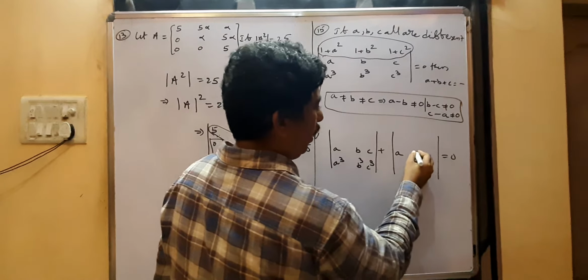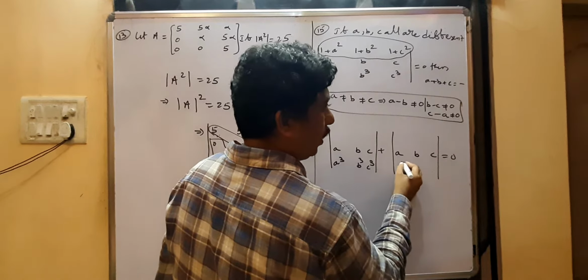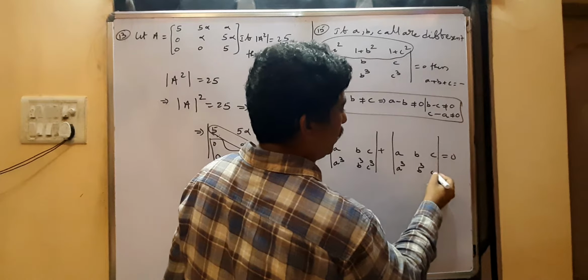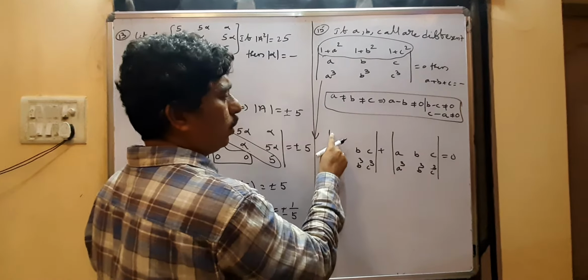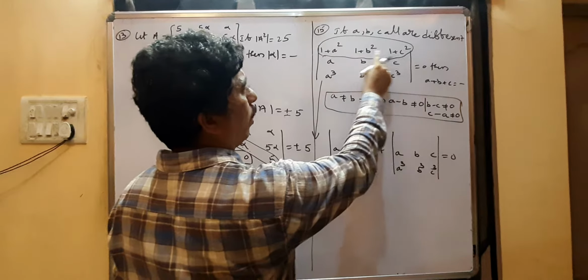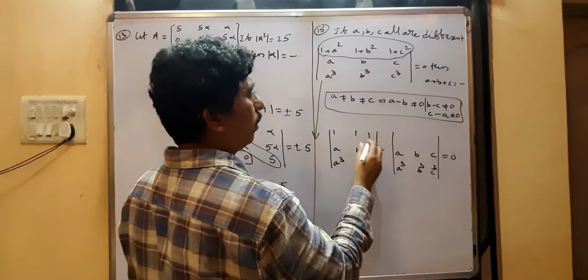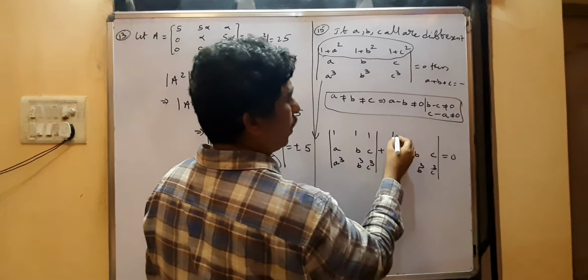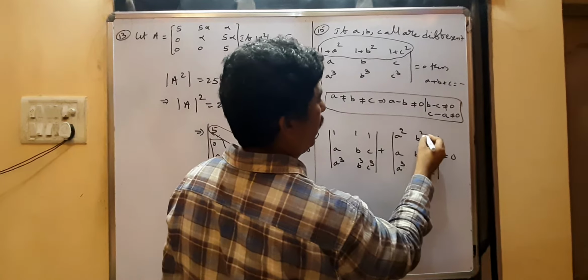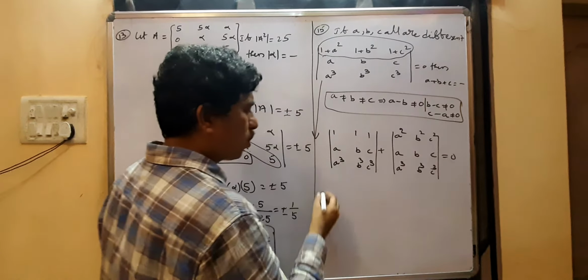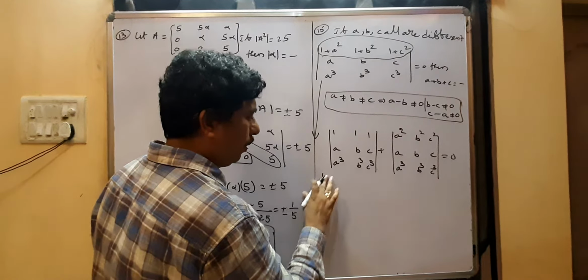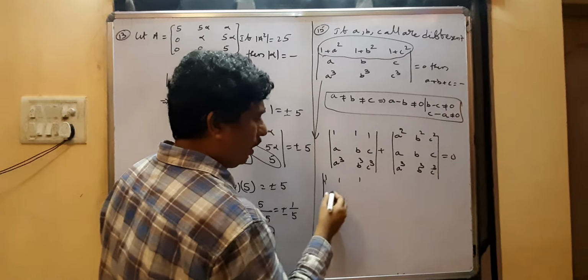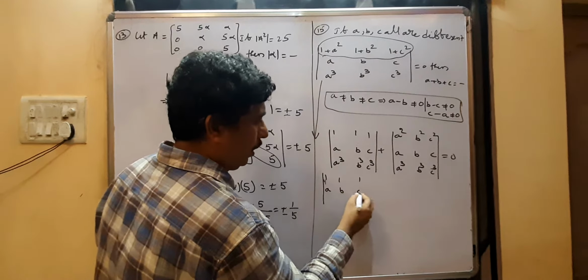Here also the same. In the first determinant, the first elements will come, that is 1, 1, 1. In the second determinant, the second elements will come, A squared, B squared, C squared. So don't disturb the first determinant. Already we proved its value in the intermediate.